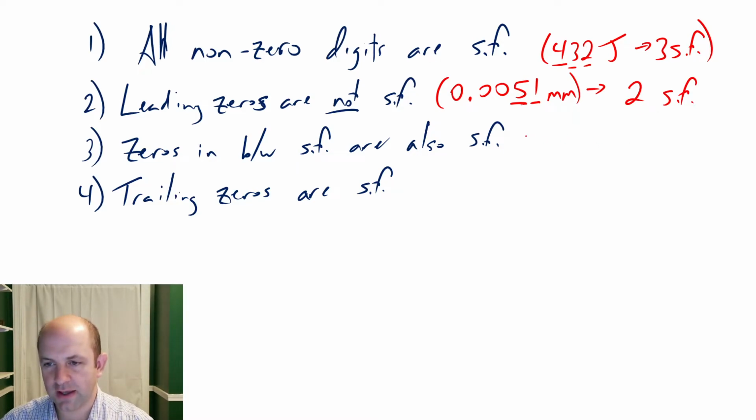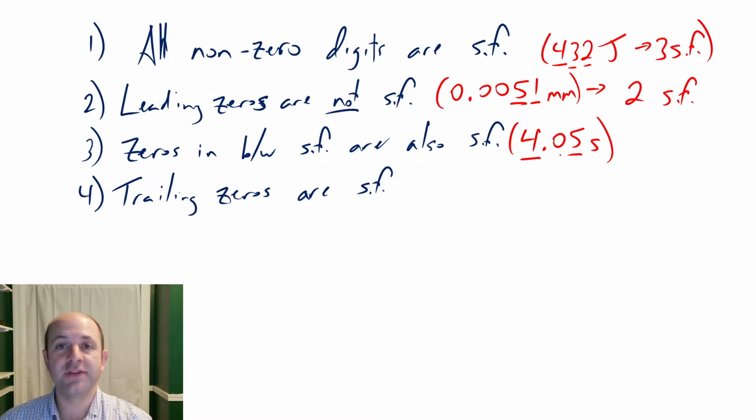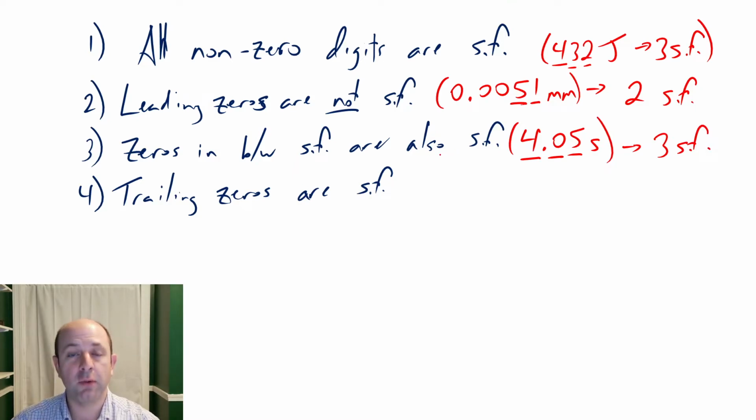All right, zeros that are in between. Okay, so if I have 4.05 seconds, well, the 4 counts, the 5 counts, this 0 is in between, so it counts too. Well, that again is 3 sig figs. And then trailing. Now, when we say trailing, it's not just zeros at the end. It's zeros that come after other sig figs, and they have to come after a decimal point.